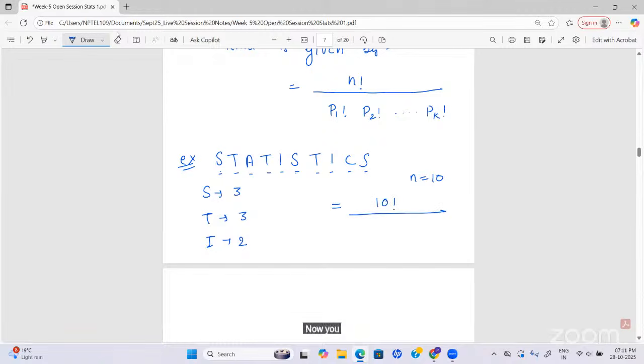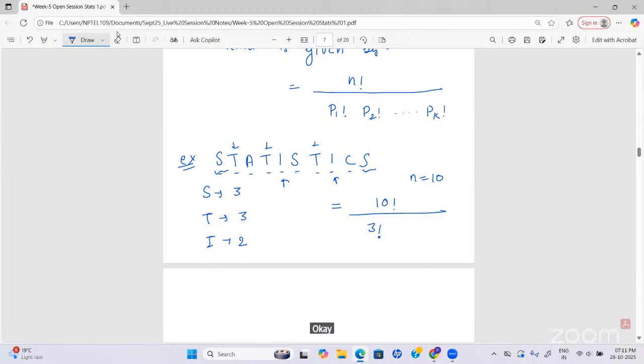Now you can see that some of the items are not distinct. Not every letter is unique. T is repeating, I is also repeating itself, and S is also repeating. So you have to divide by that many times. S is repeating 3 times, so you have to divide by 3 factorial.